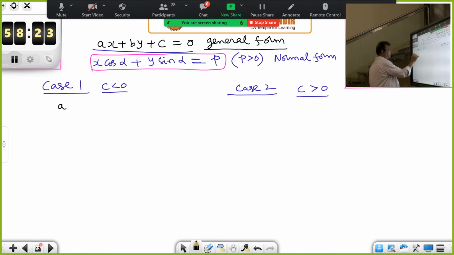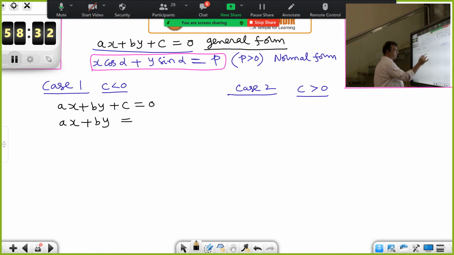So first we take the equation ax plus by plus c is equal to 0. So ax plus by is equal to minus c. Now Madhuri, in this case, because we are assuming that c is negative, what about minus c? Minus c is positive, sir. Minus c is positive or negative?